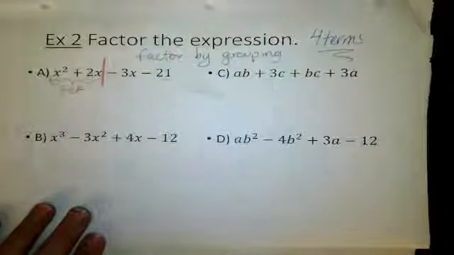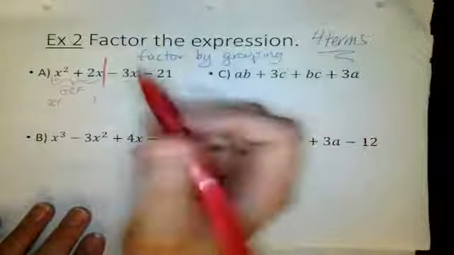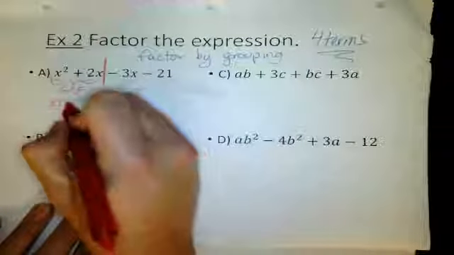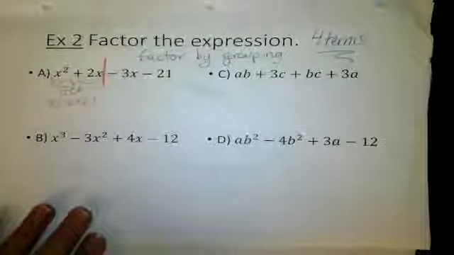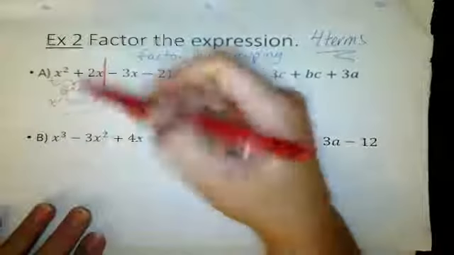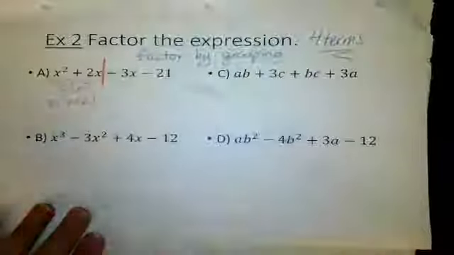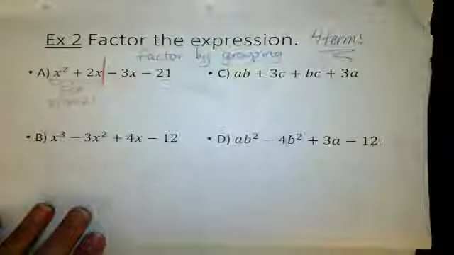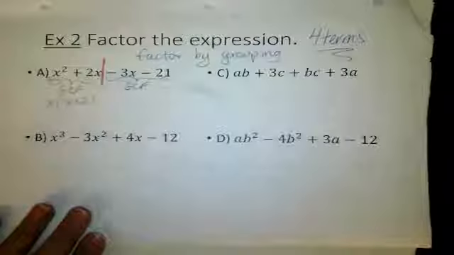What do they have in common? X. So I'm going to factor out that X. If I factor out the X, what's left behind? Plus 2. How do you know if you did that right? You can just distribute, right? X times X is X squared. X times 2 is 2X. Good. We do the same thing for the last 2 terms. I'm going to ask myself, what's the GCF?